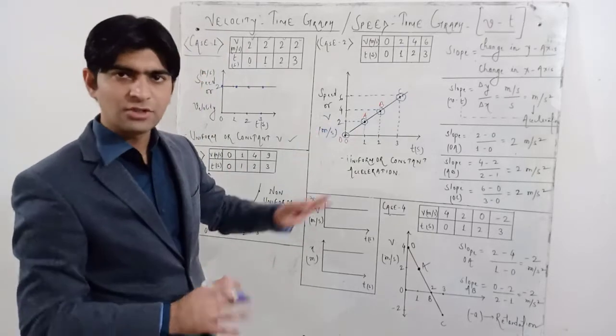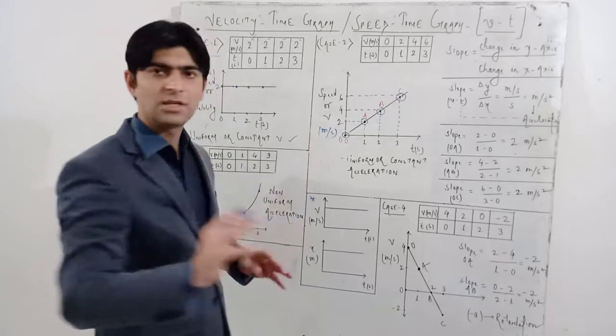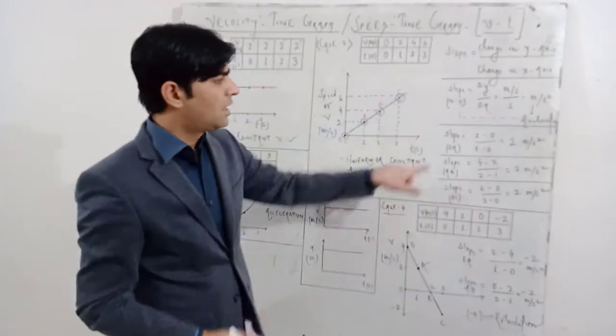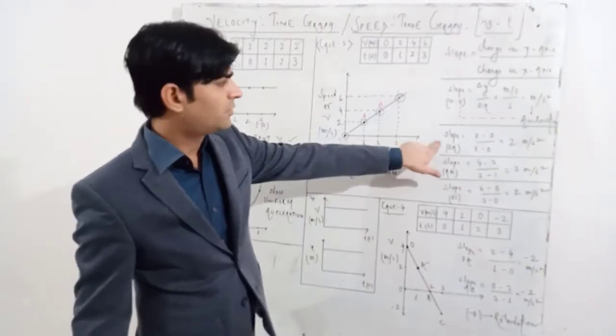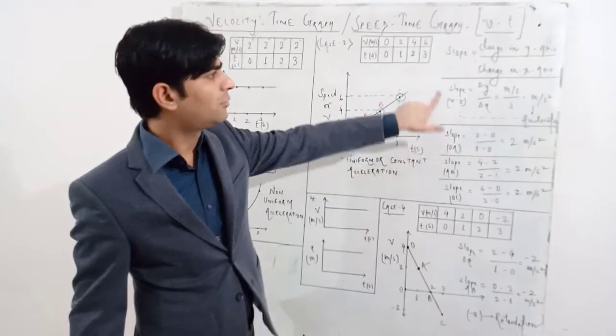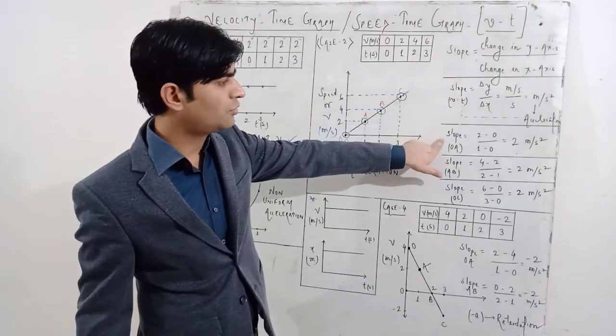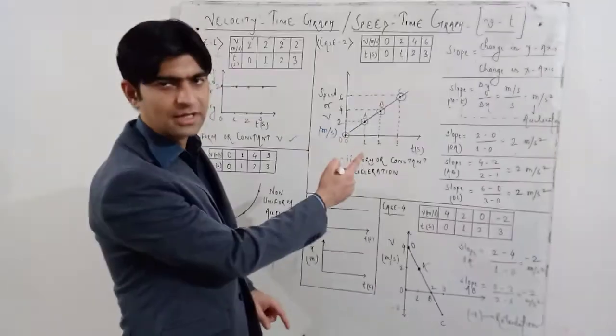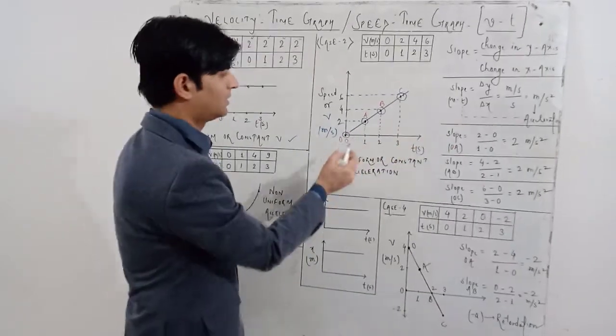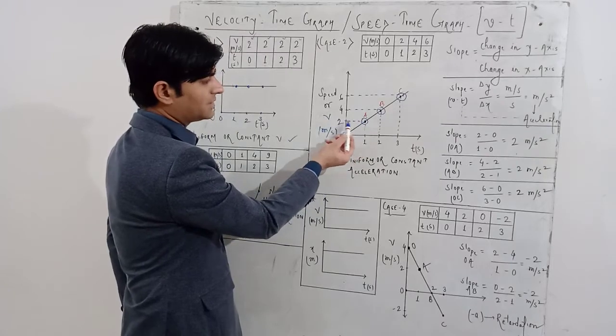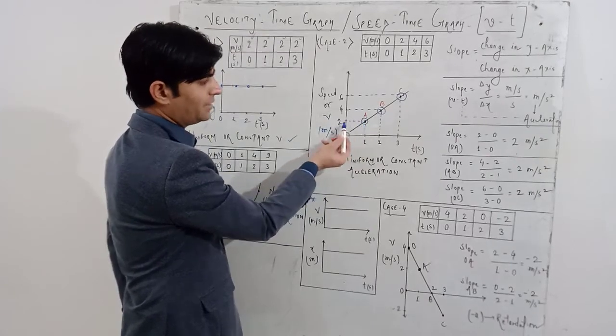Okay, now let us calculate the slope for different sections. I have calculated for a few sections. For example, OA. Now what is the formula for slope? Change in y-axis upon change in x-axis. Slope for OA: O is the starting point, A is the ending point. Now what is written on the y-axis with respect to point A? 2.